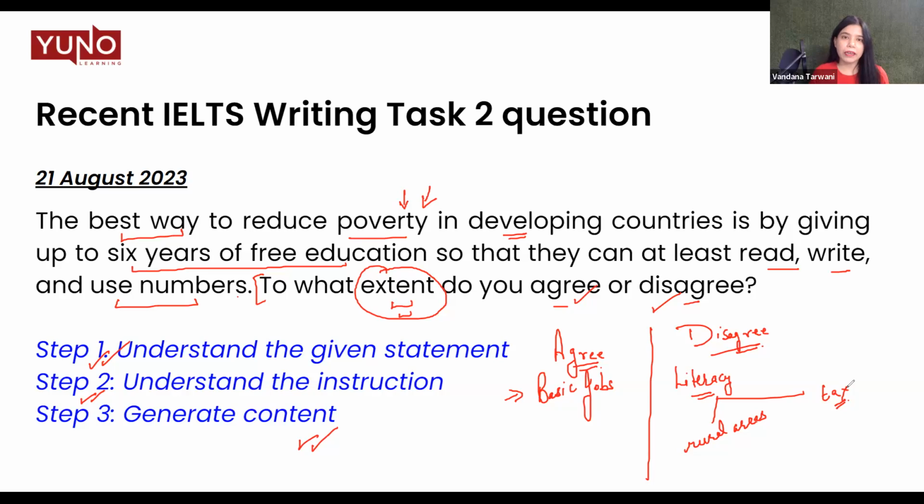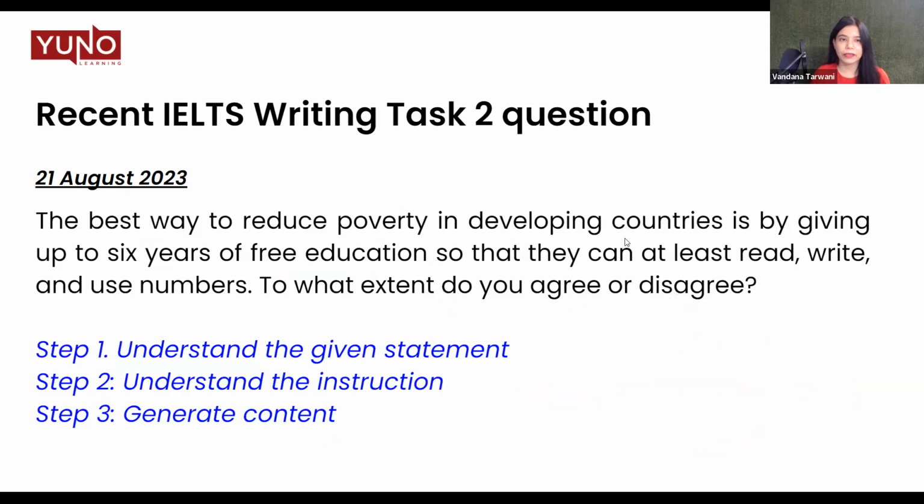If governments introduce that, it would also ensure that the wide gap between the rich and the poor is reduced. So probably I feel I have better ideas in disagreement rather than agreement. So that is going to be my opinion. Let's see how we proceed further.